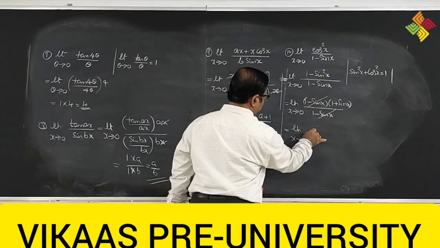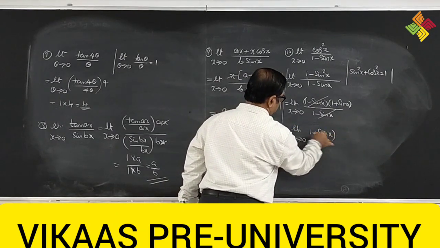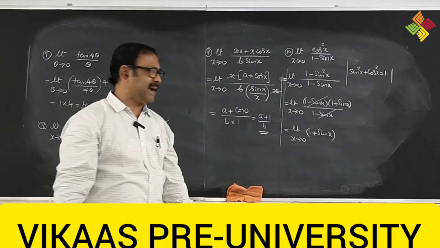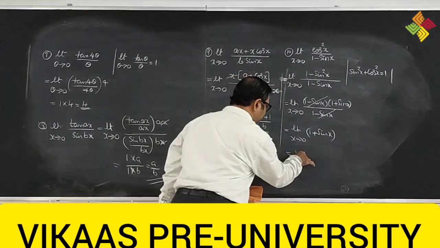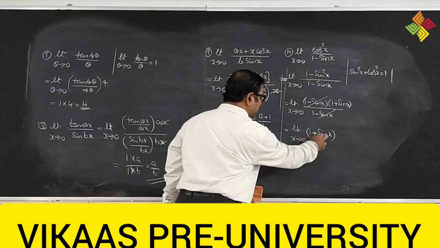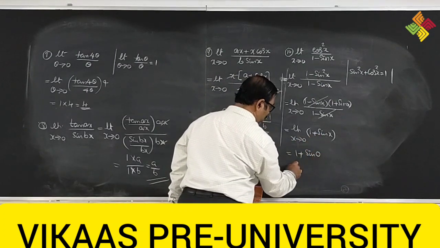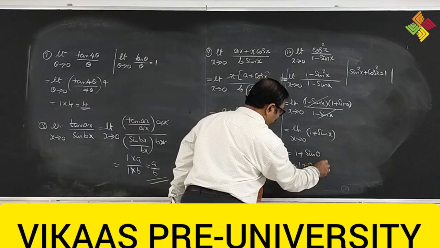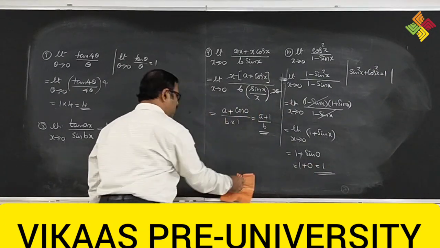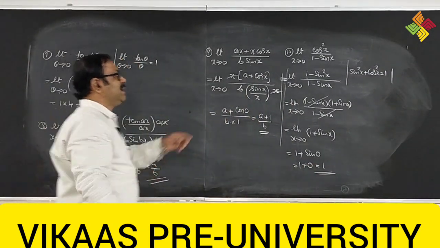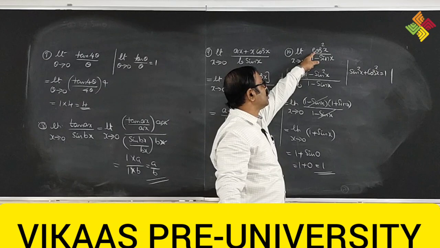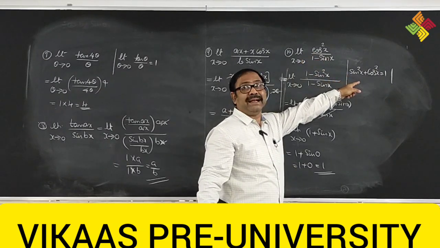So limit x tending to 0 of 1 plus sin x. Now apply the limit: 1 plus sin 0, and sin 0 is 0. So what is the answer? 1. Follow the method.